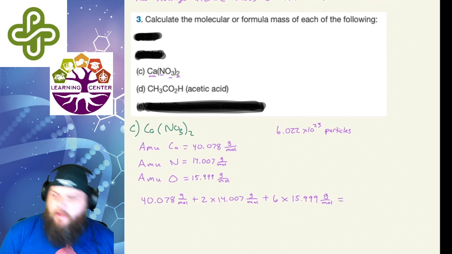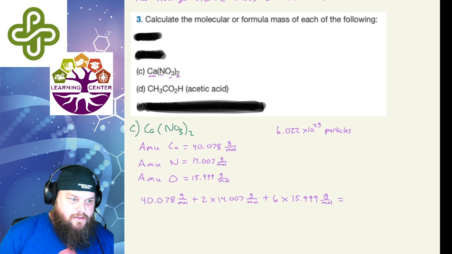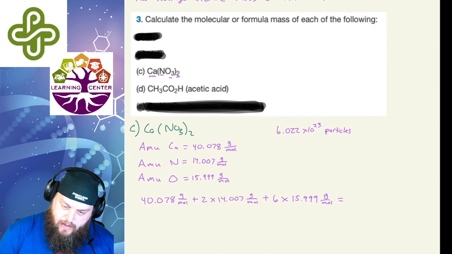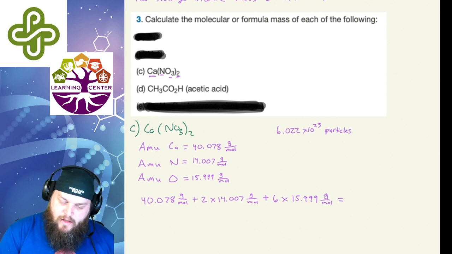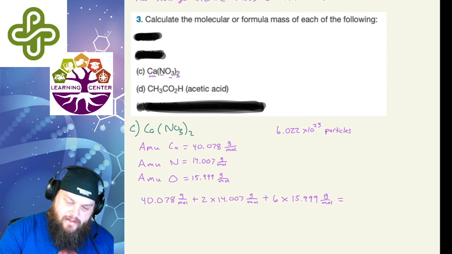And then we can just plug all those into our calculator, and we're going to have our formula mass. So let's do that. Here's my calculator here. I have 40.078 plus 2 times 14.007 plus 6 times 15.999 equals, I have scientific notation there, so that's really 164.086.